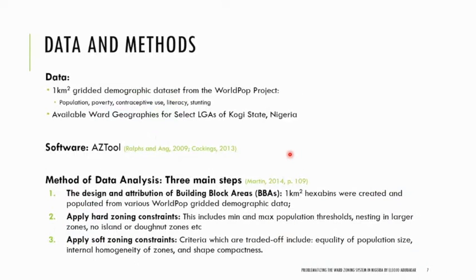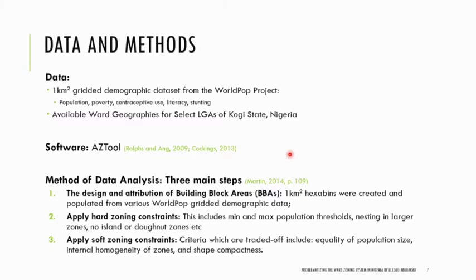By way of data, the main data that was used for this work is the 1 kilometer square gridded demographic data set from the WorldPop project, which is arguably some of the finest data you could get on demography. From that data, I used population data, which is age and sex aggregated data, so you have age groups for each sex.